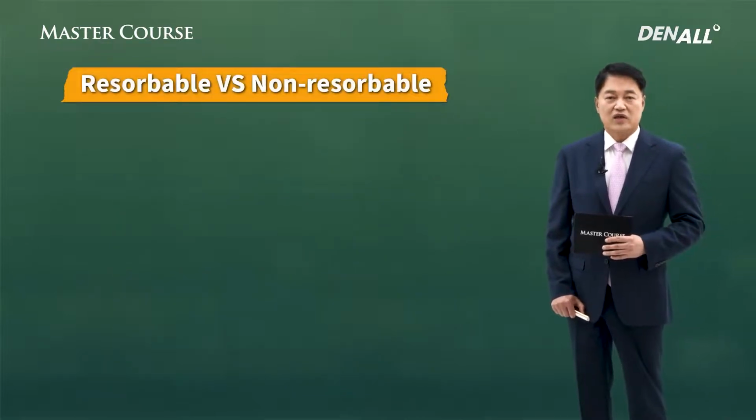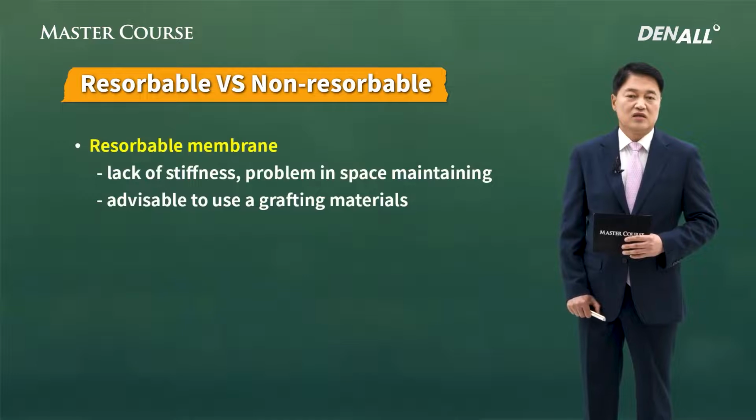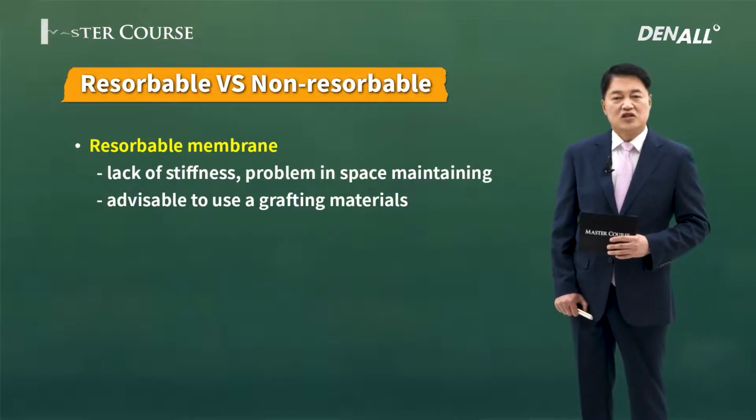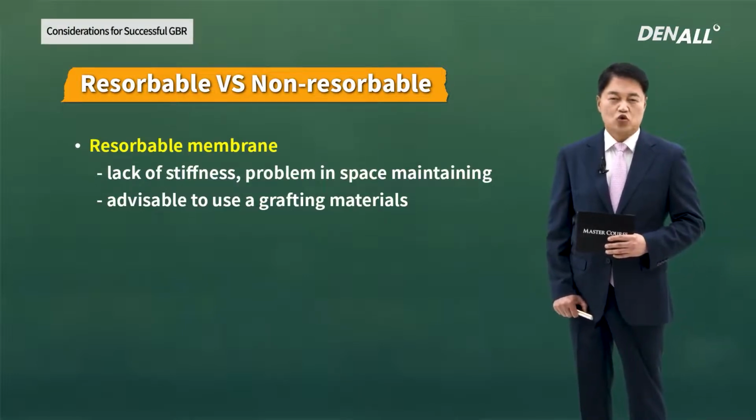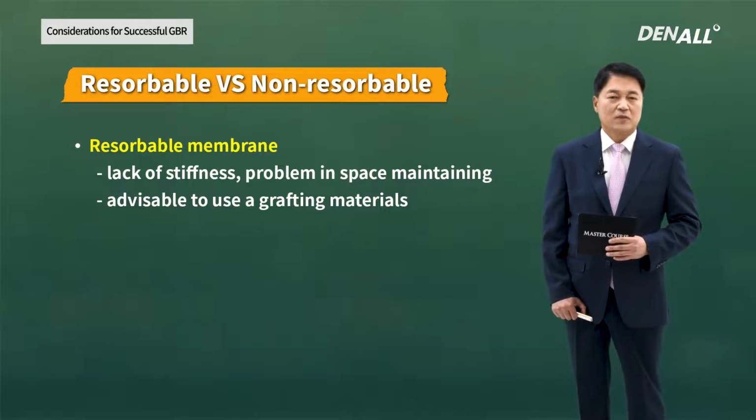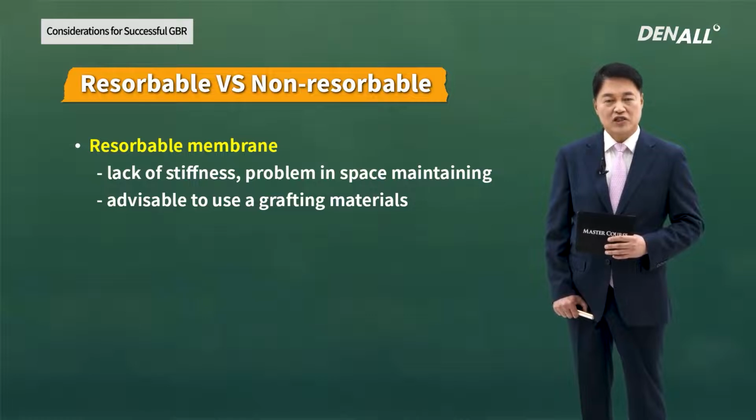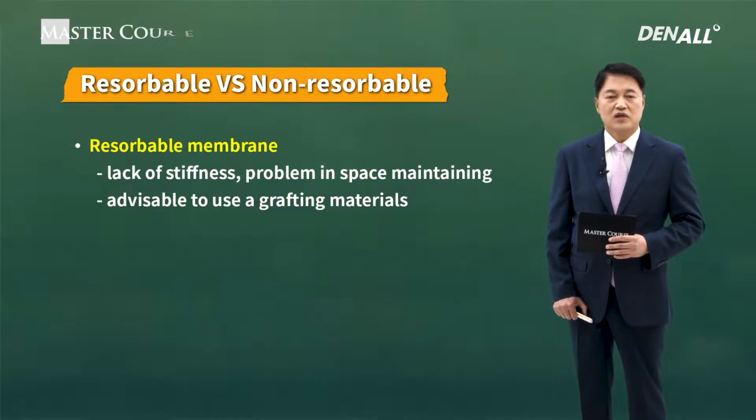Membrane can be divided into resorbable and non-resorbable membrane. Let's compare the two. Resorbable membrane lacks stiffness and has a problem with space maintaining. Therefore, graft materials need to be used sufficiently.